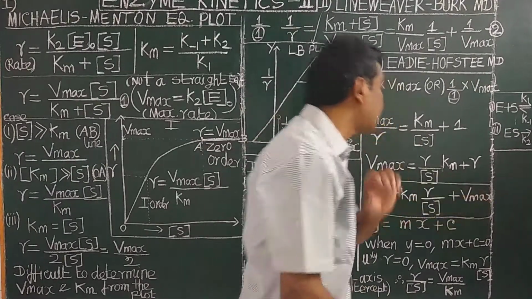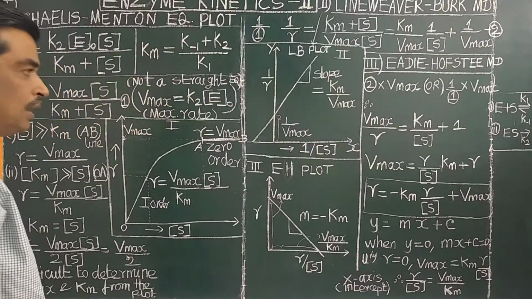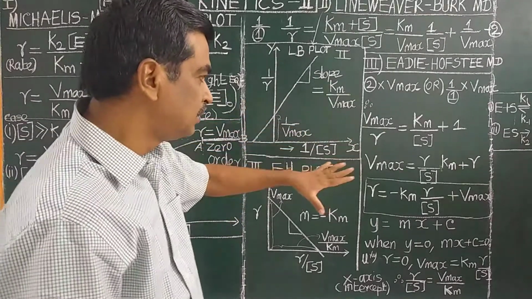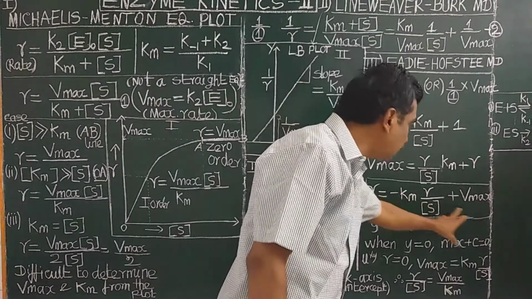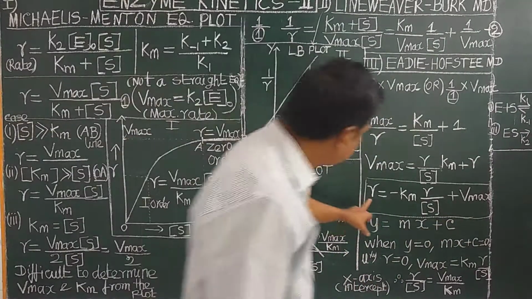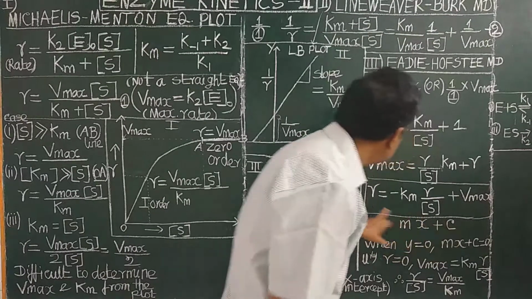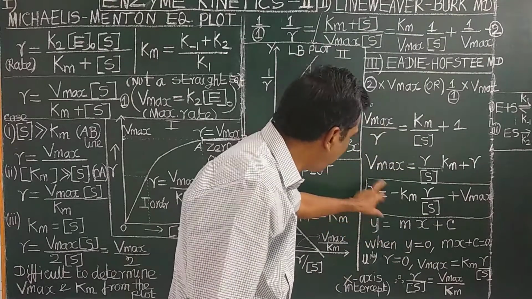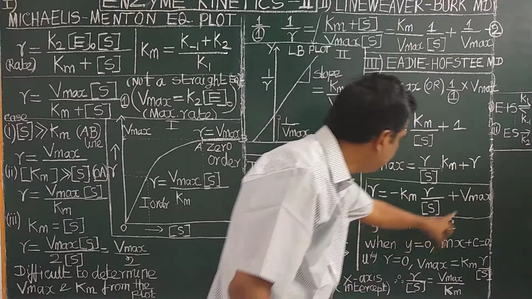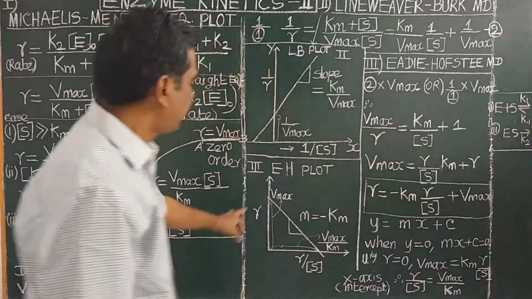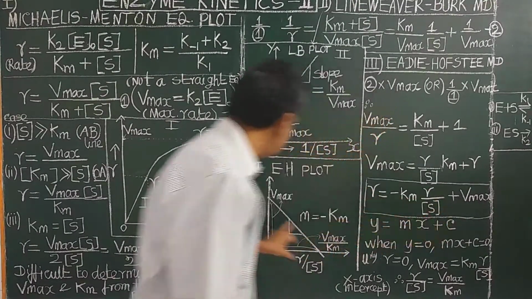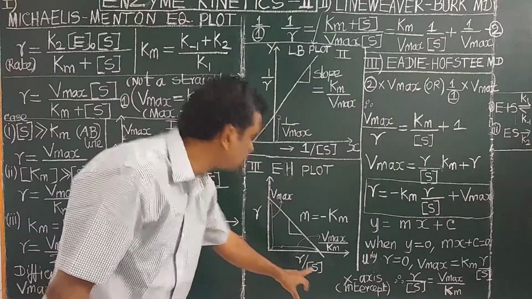This is now a straight line equation. By rearranging the Michaelis-Menten equation, it is converted into a straight line equation. A graph is plotted, y equals mx plus c, where y is equal to r, m equals minus Km, and c equals Vmax. A graph is plotted between r and r by substrate concentration.